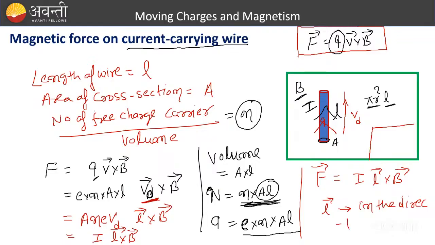This is in the direction of current. ठीक है? So simply we use the formula QV cross B to reach to the formula force acting on a current carrying wire is IL cross B. So this is also cross product of length and magnetic field vector. ठीक है? Anybody having any doubt? Let me know. If anyone has any doubt, you can let me know.